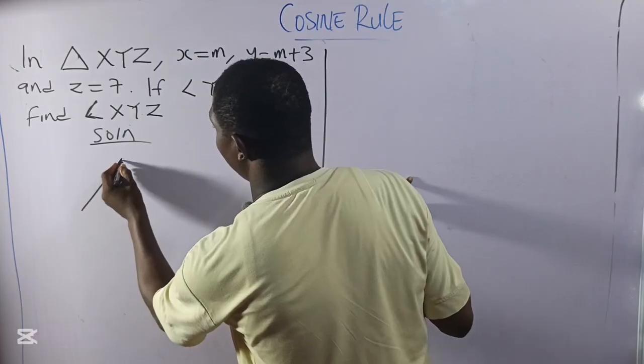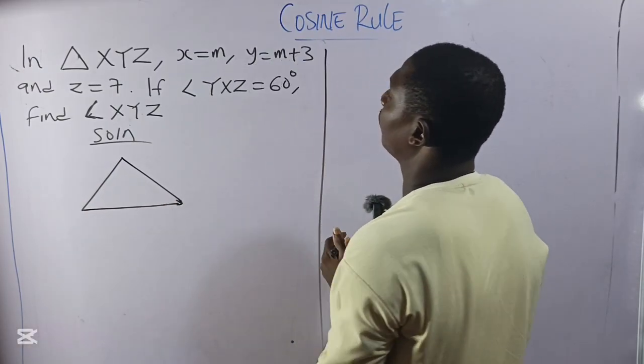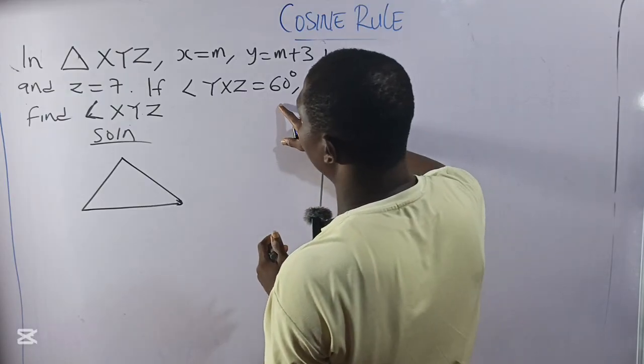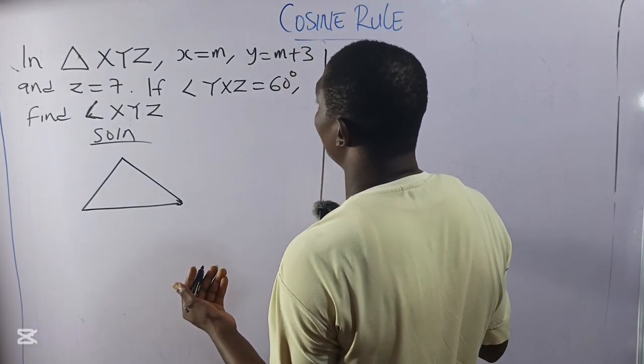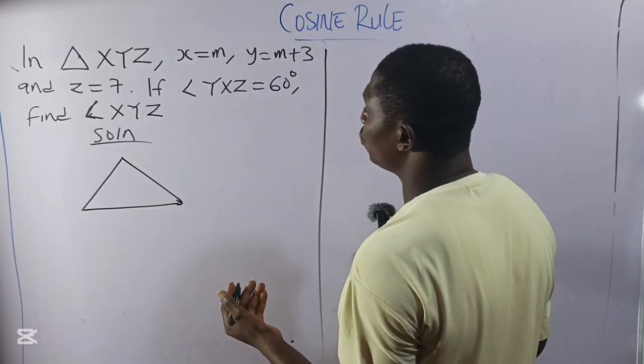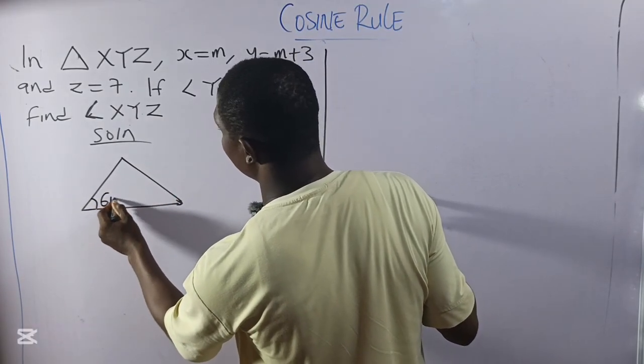So let's say we have this. I don't know if the triangle is an obtuse triangle, so I won't take this as my 60. Let me have this as my 60 degrees.